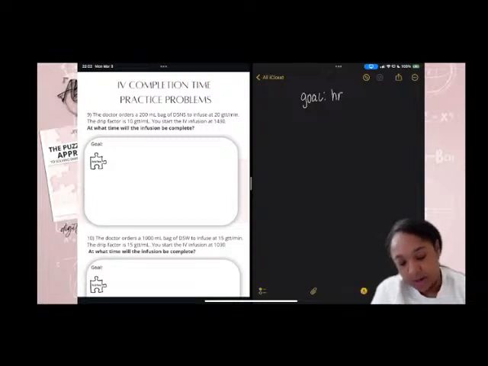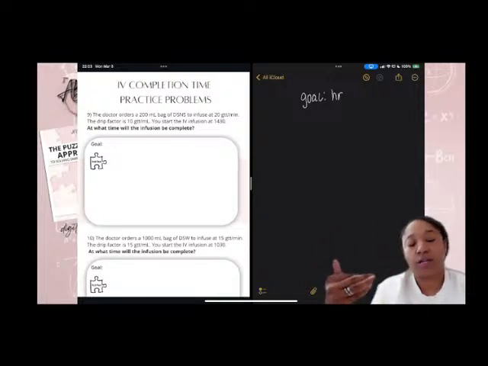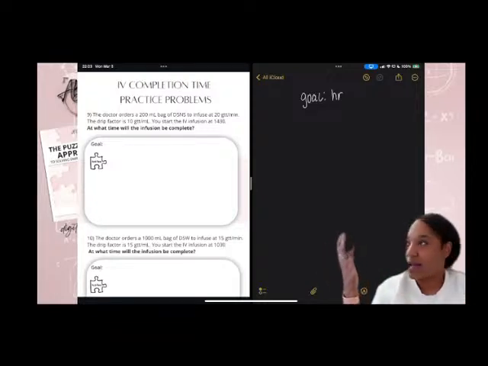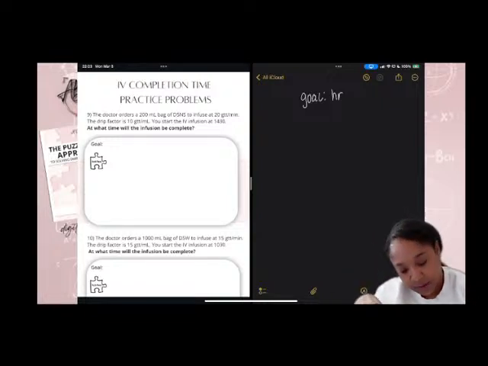Okay, so our puzzle pieces, what's together stays together. They are together forever and they are on their puzzle piece together. What's by itself is single, is not ready to mingle. It will be on its own puzzle piece forever. Okay, so I'm going to write down the information from the problem. Even if you don't know what is going on, just write down the numbers and the units beside them that you see. So we've got 200 milliliters in the bag. It's infusing at 20 drops per minute.